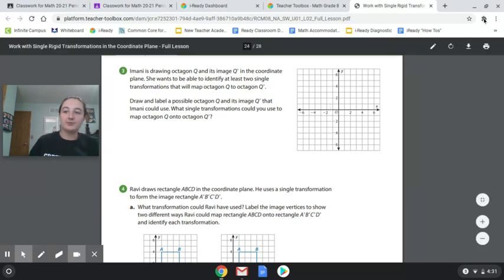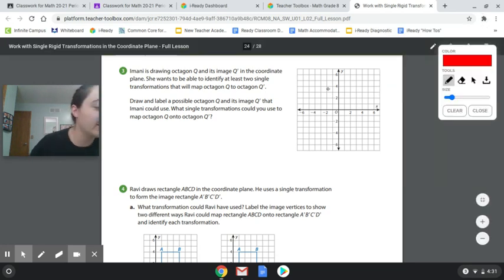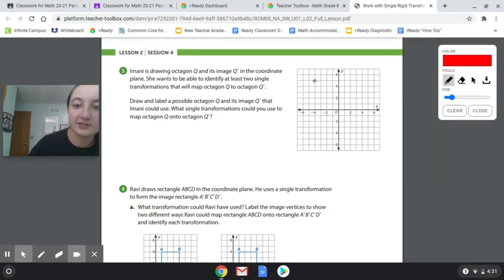So one example that you could use, but I'm sure that there are others. So let's say that we put our Q here, here. Sorry, my drawing's not very good. Here, here. There's our octagon.